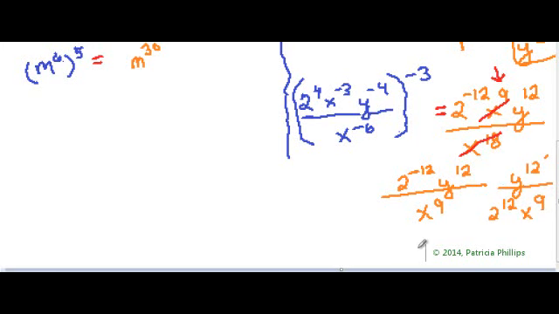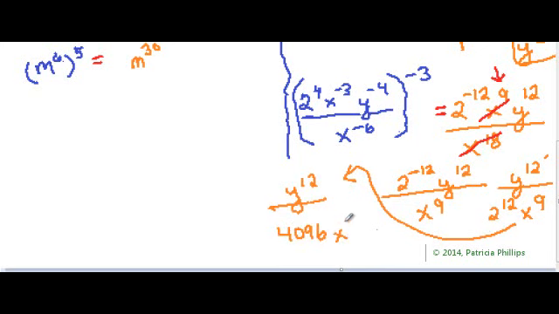Okay, we can simplify that further by simply multiplying 2 to the 12th, and so the final answer will be, I always run out of room, boy. The final answer will be y to the power of 12 over 4096 times x to the power of 9. And there you have it.